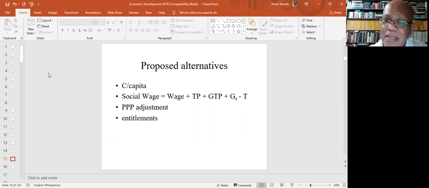Okay. The idea with the social wage is that wage involves the earnings of laborers, but when you add transfer payments, government transfer payments, they add on to what they're earning. Okay, and with the government expenditure and consumption items, it means that items such as education, if being provided for free, would mean that what the wage earning households would have spent on education, they can now spend on other things.